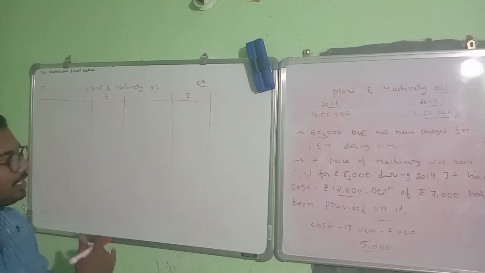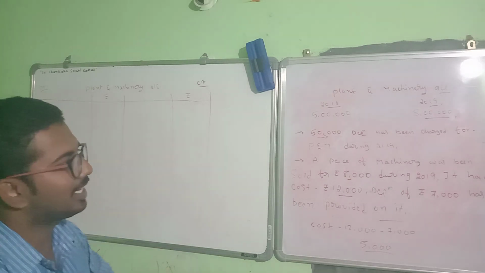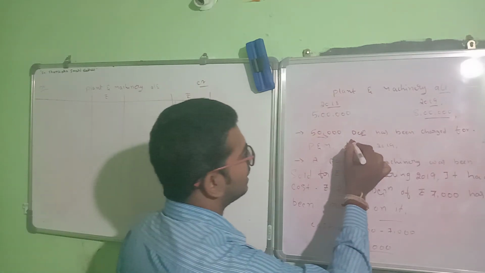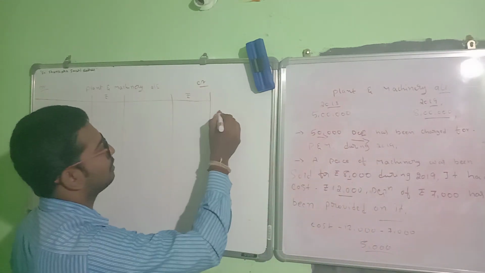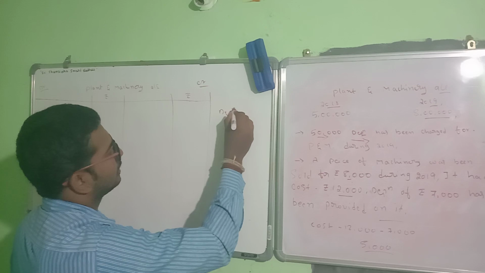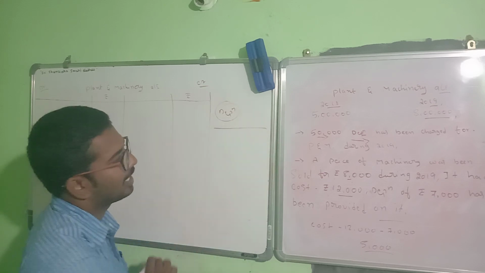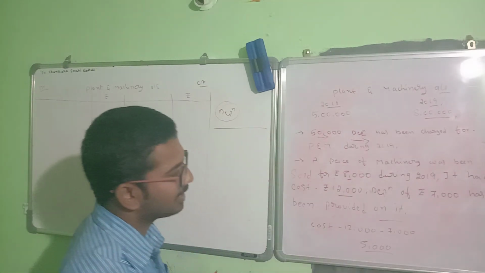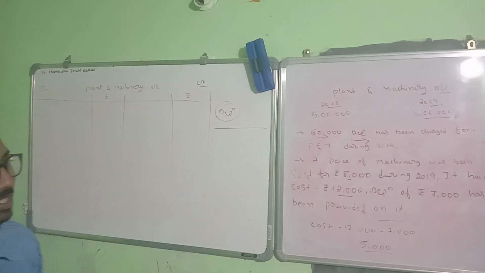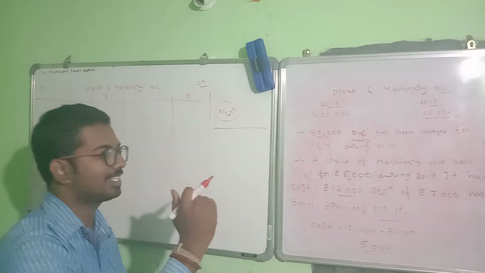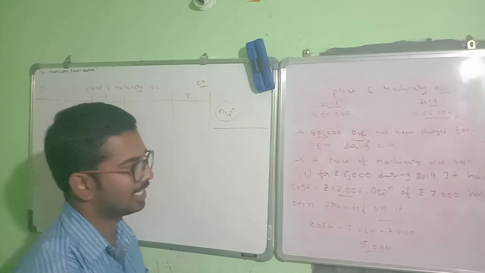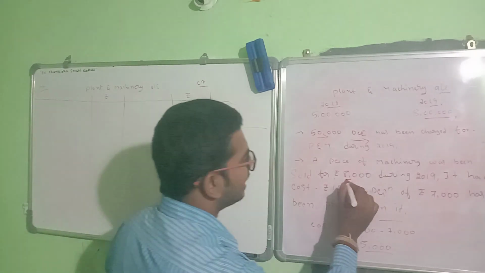So debit what comes in, credit what goes out. Let us analyze the transactions. The first transaction is depreciation, directly given. So one is the depreciation transaction, another one is the sale transaction. Whenever a sale transaction happens, we should identify the exact profit or loss arising from the sale. So first take the sale value.